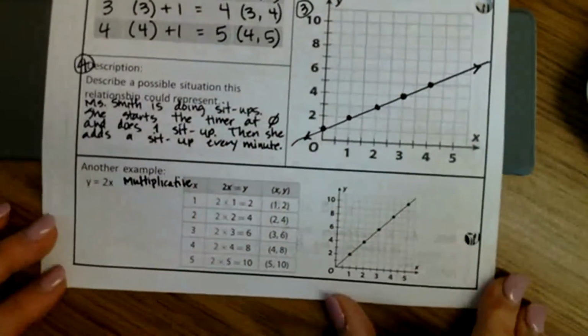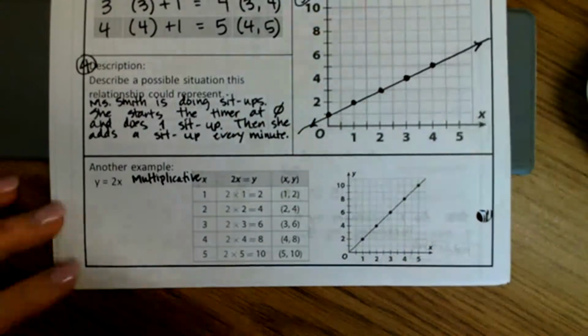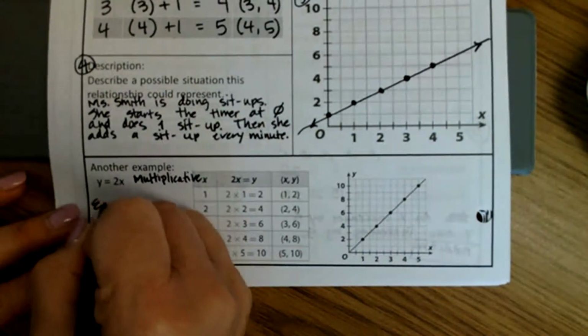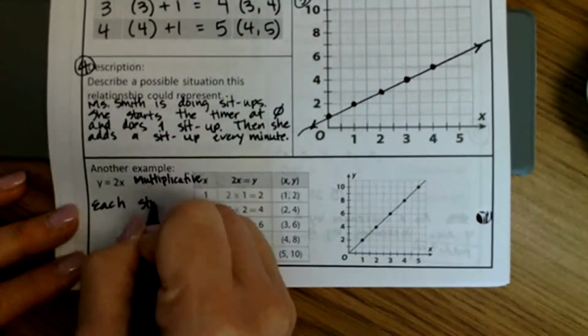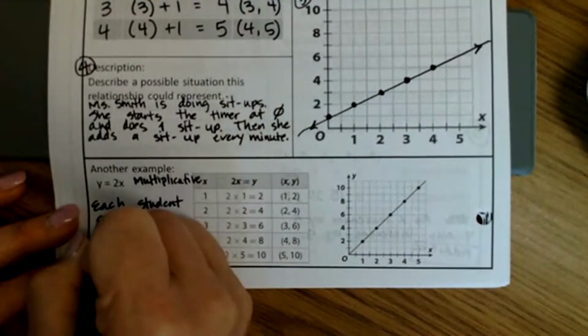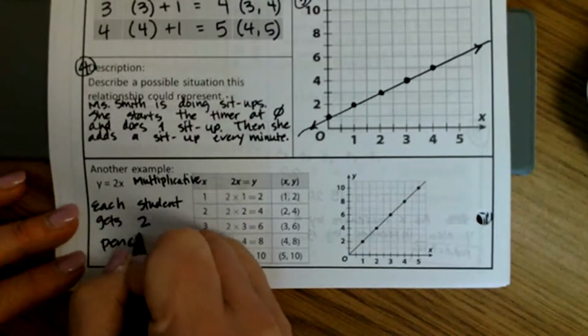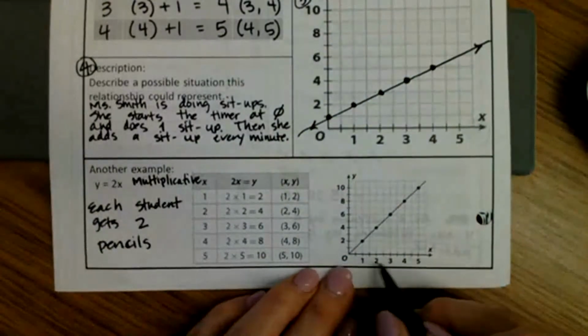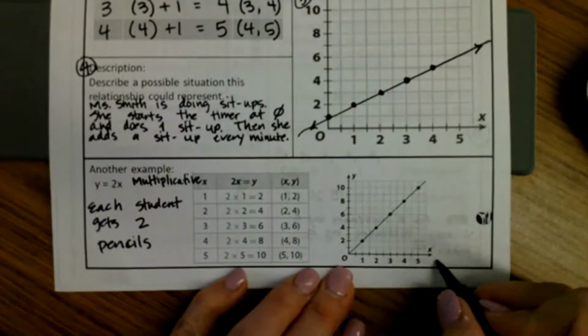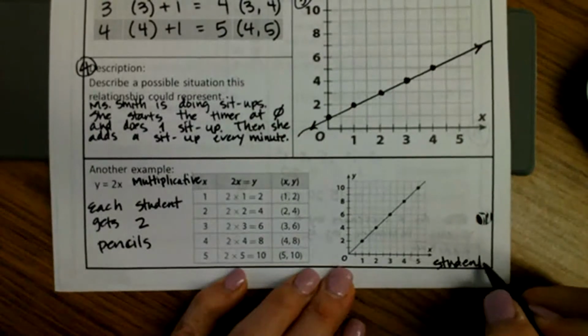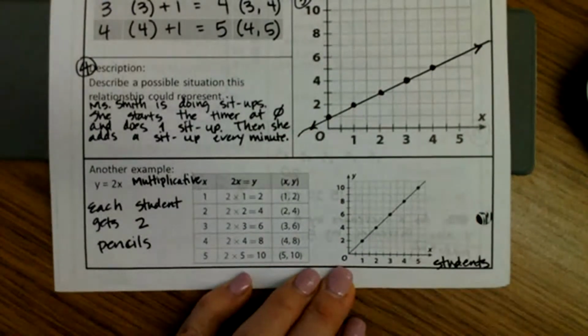So what's a possible situation for this? Let's say I'm going to give each of my students 2 pencils, okay? Each student gets 2 pencils. That means this x is students, and how many pencils I need depends on how many students I have, right?